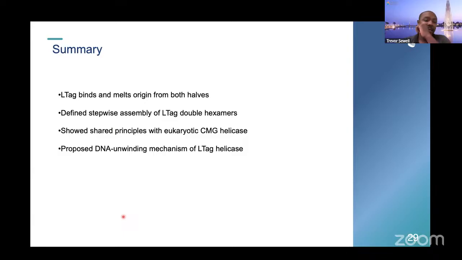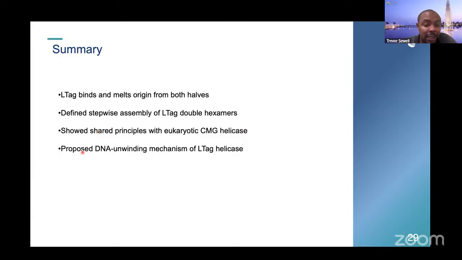So to summarize what we have discovered in this work: first, we have shown that LTAC binds and melts the origin from both ends. We have also shown the stepwise assembly pathway of the double hexamer from the single hexamer. Most importantly, we have shown that this principle is conserved across eukaryotic helicases, including the human one and CMG.